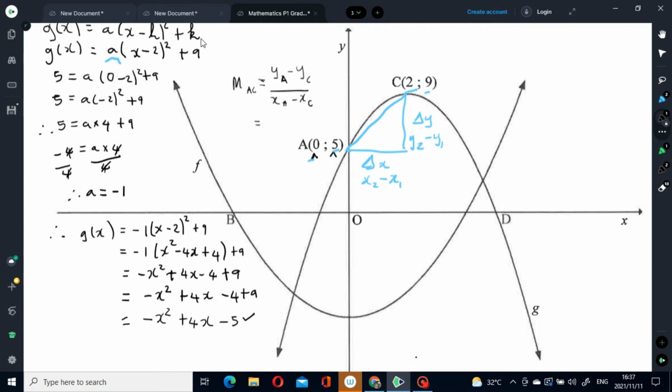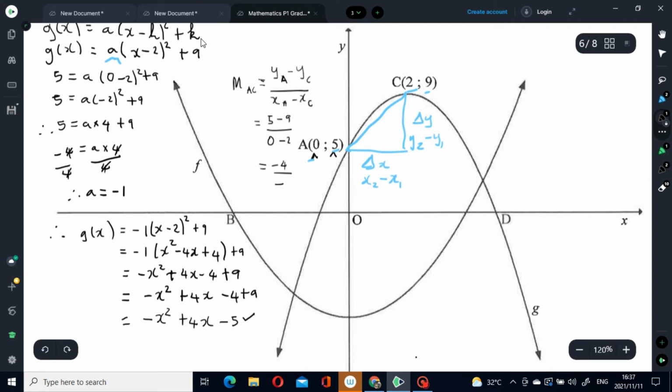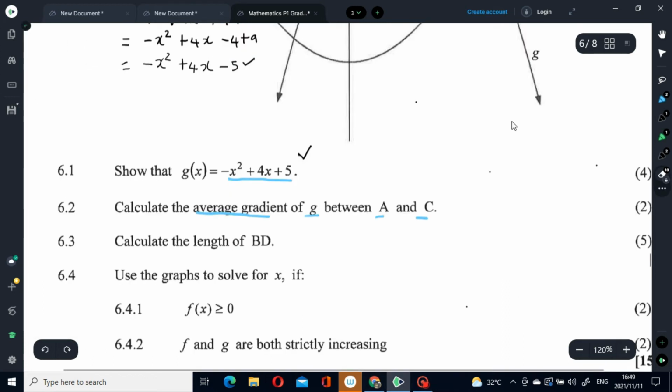So just a matter of substitution: 5 minus 9 divided by 0 minus 2. This is equal to negative 4 over negative 2, which gives us positive 2. So the gradient is positive 2, and we can see the slope, so definitely that seems about right.